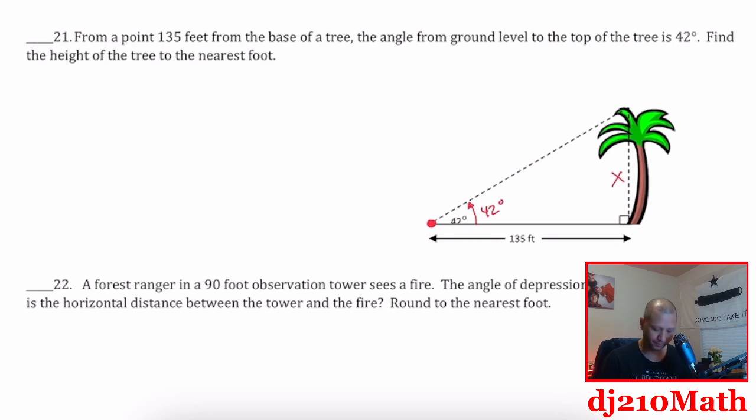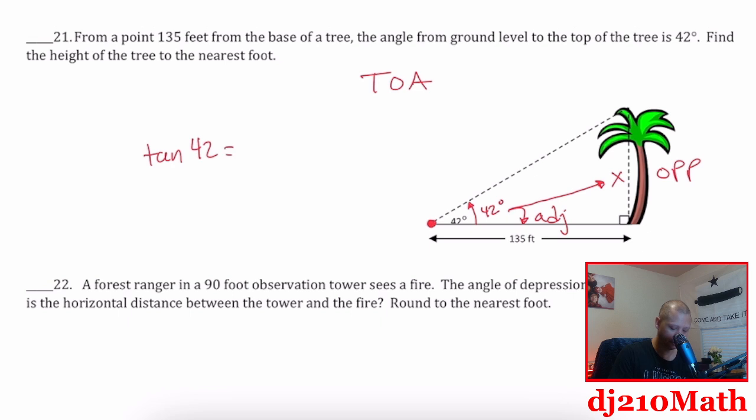So we have to determine which trig function we're going to use. What we want is opposite from the angle that we know. The other side we know is the adjacent side. So let's choose tangent, opposite over adjacent. So tangent 42 is equal to opposite over adjacent.